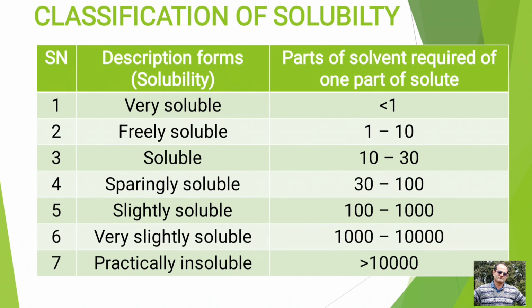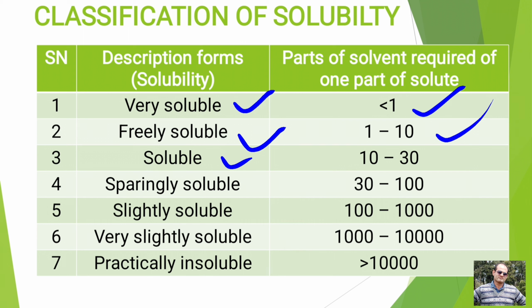Classification of solubility. Solubility is of 7 types. First is very soluble, which means less than 1 part of solvent is required for 1 part of solute. Freely soluble means 1 to 10 parts of solvent are required for 1 part of solute.